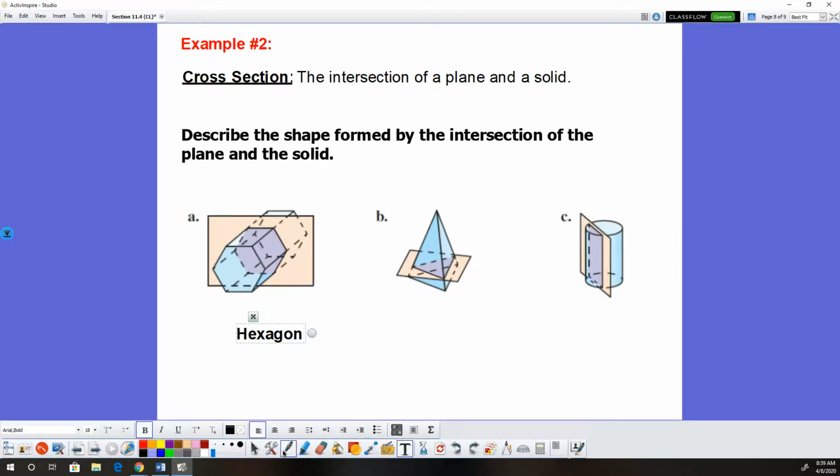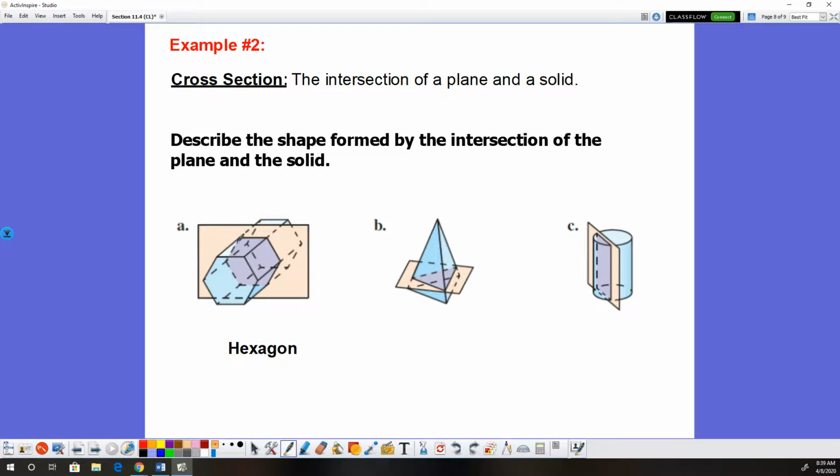Okay, so that's what's listed here in purple. This would be the hexagon. So we go from 3D, and these are always 2D shapes. Okay. So if we look down here, we have this rectangle, and it looks like we're slicing at a little bit of an angle.